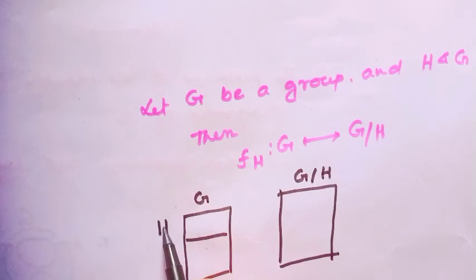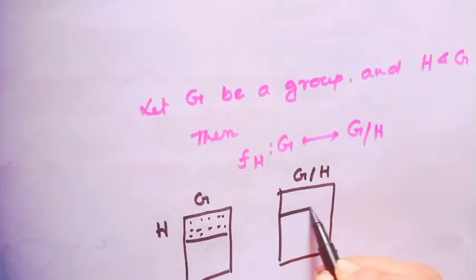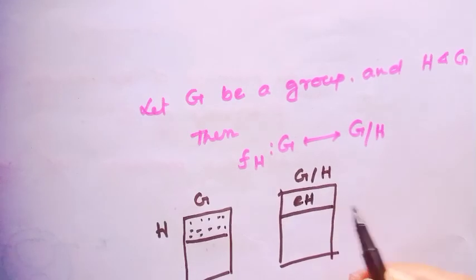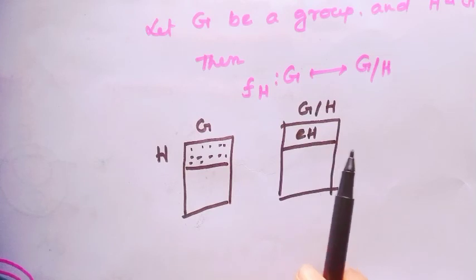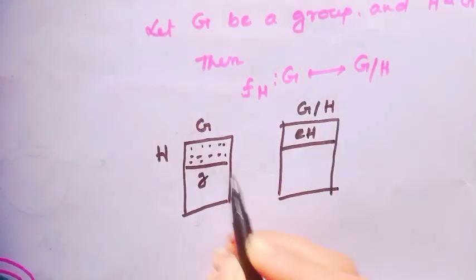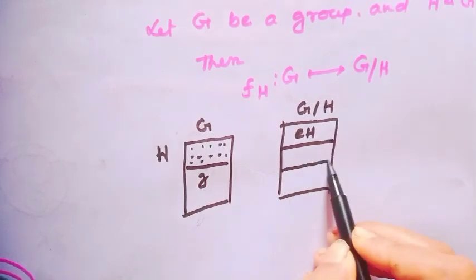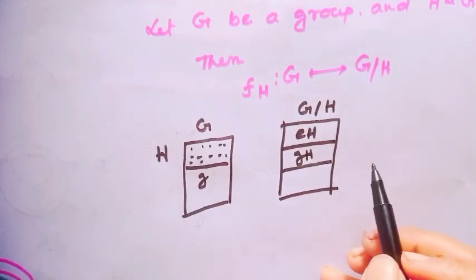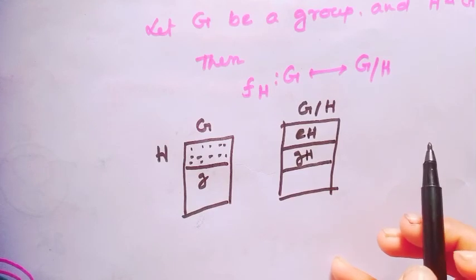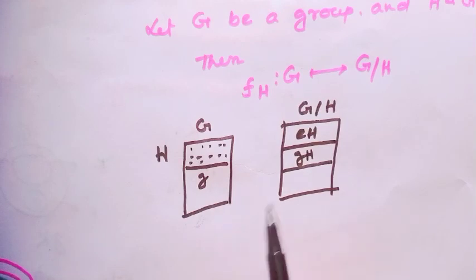If H is a normal subgroup of the group G, then all the elements of this normal subgroup map to the identity element of the factor group, which is actually called the coset e times H. Now consider an element small g outside of the normal subgroup, and this maps to another coset g times H, and g times H would always be the same as H times g, because H is a normal subgroup, as we all know.